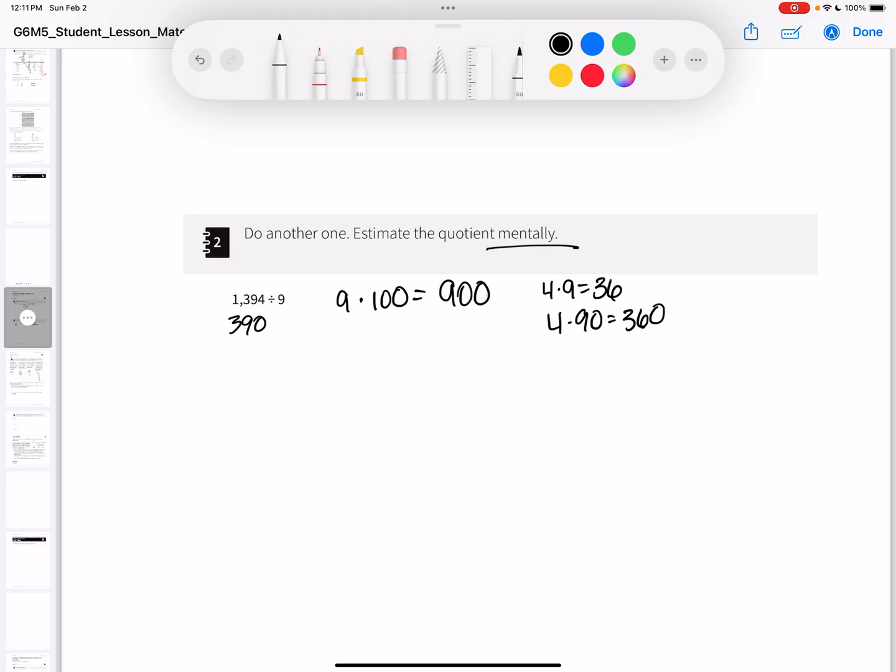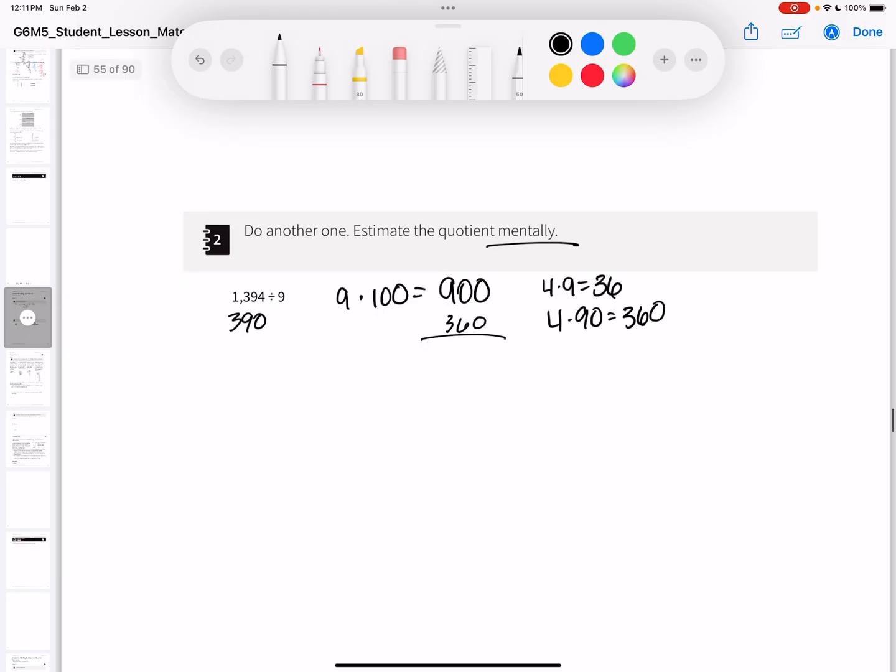We're probably about 150 off, but remember, I'm supposed to be doing this mentally, so it gets me close enough. So I would do 900 plus 360, right? Which would get me 1,260, okay? So I would say 1,394 divided by 9 is about 190.